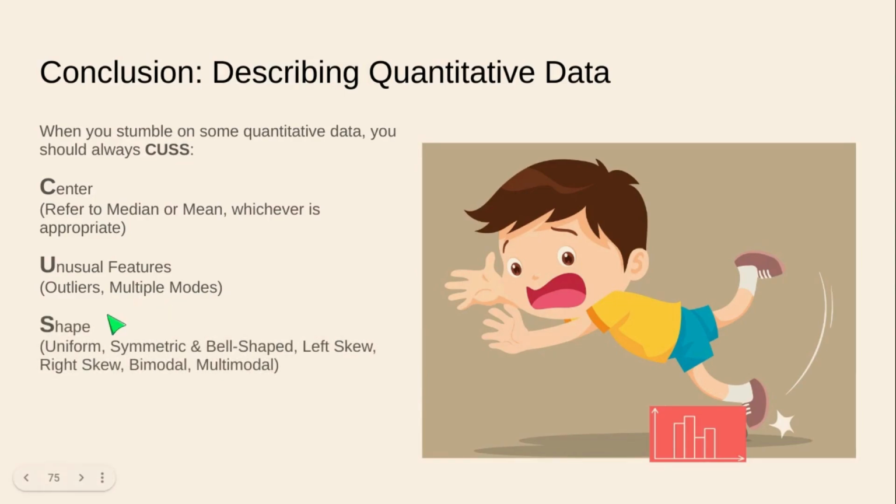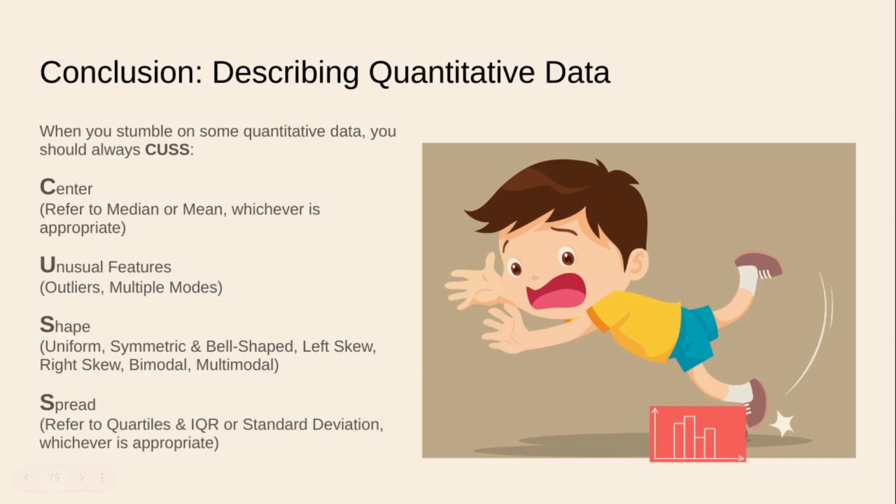Shape. Is it uniform? Symmetric and bell-shaped. Unimodal and symmetric. That's a synonym. All right? Left skew, right skew, bimodal, multimodal. Talk about the shape of the data. And finally, the spread of the data, what we've been talking about most recently. Talk about quartiles and interquartile range if you have data that are strongly skewed, or standard deviation if you're talking about data that are symmetric.